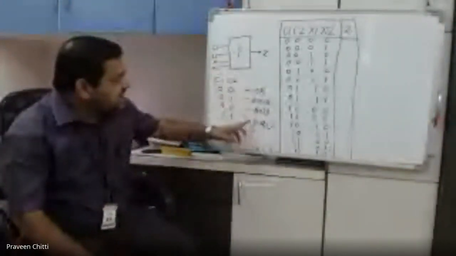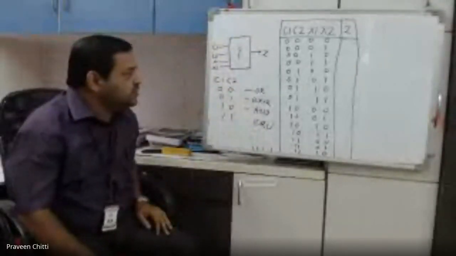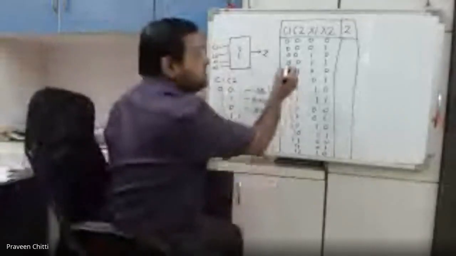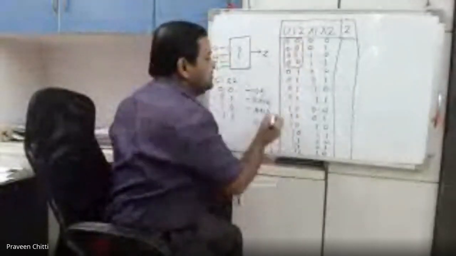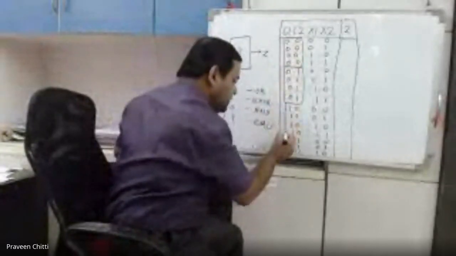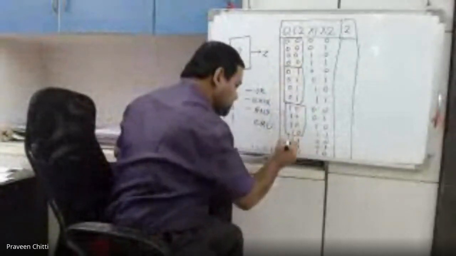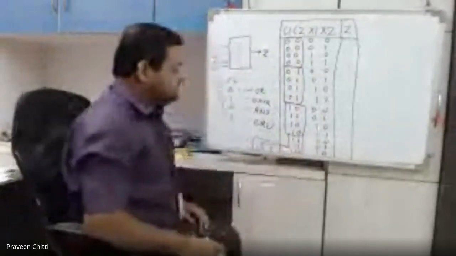Based on C1 and C2 and based on the inputs X1 and X2, you have to write the output. For the first 4 combinations, C1, C2 is 0, 0. The next 4 combinations it is 0, 1, then 1, 0, and for the last 4 combinations it is 1, 1.